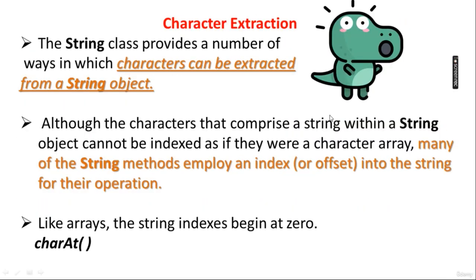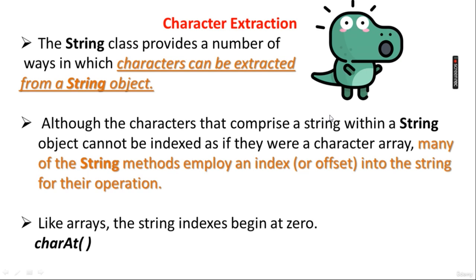Then character extraction. The String class provides a number of ways in which characters can be extracted from a String object. Although the characters that comprise a string within a String object cannot be indexed as if they were a character array, many of the String methods employ an index or offset into the string for the operation. So, what is it in short?